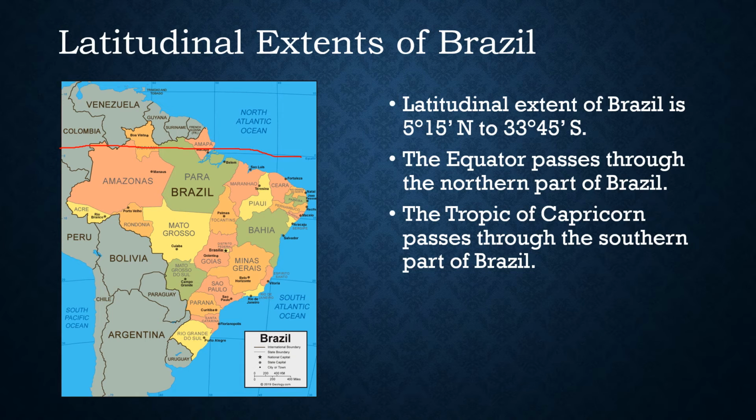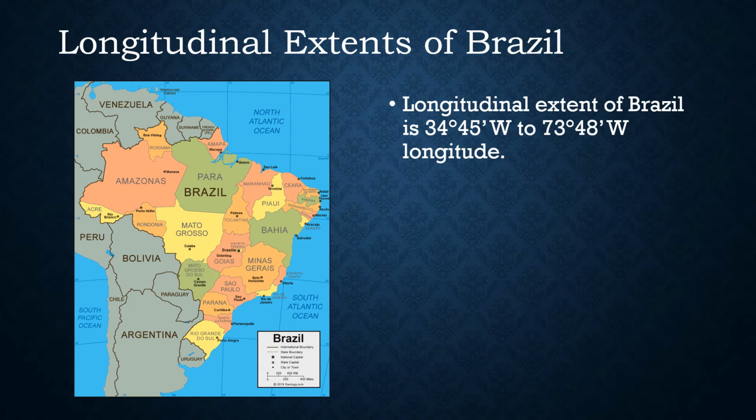The Tropic of Capricorn passes through the southern part of Brazil. See on the map, it is approximately shown. Now see the longitudinal extent of Brazil. Longitudinal extent of Brazil is 34 degree 45 minute west to 73 degree 48 minute west longitude.